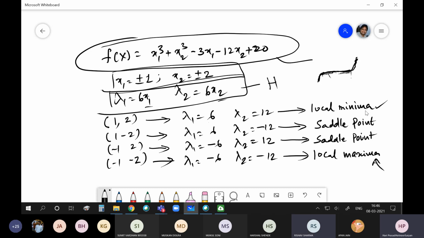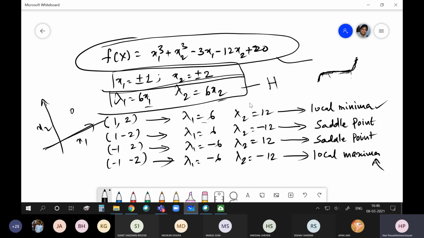Actually, if somebody is interested, you can plot the contours of this function f of x in the space x1 and x2. You can see that at some places this function will be decreasing and converging to the minimum at 1, 2.